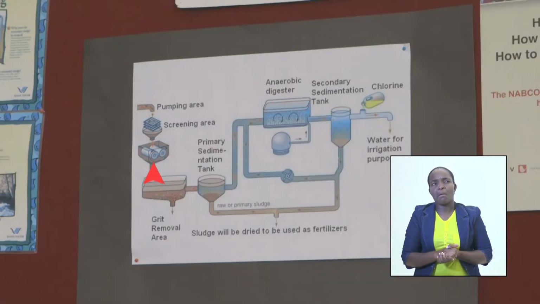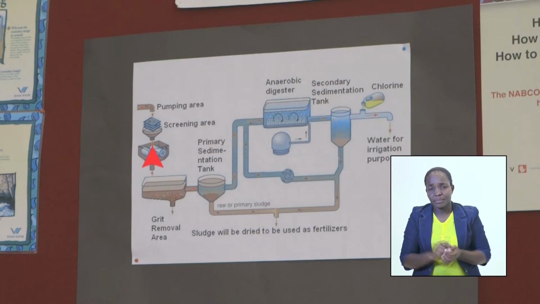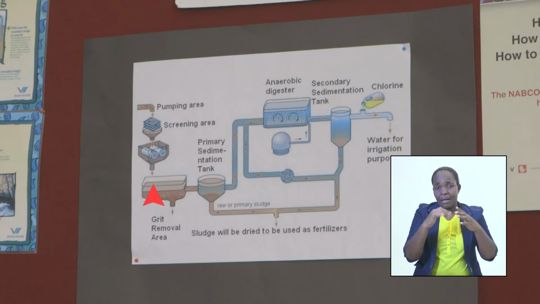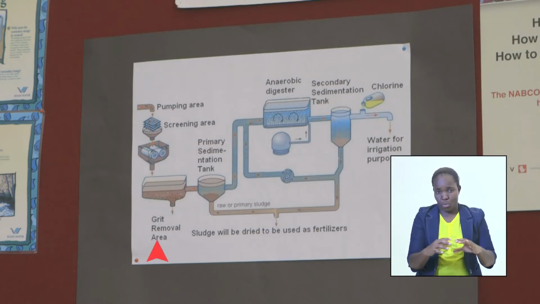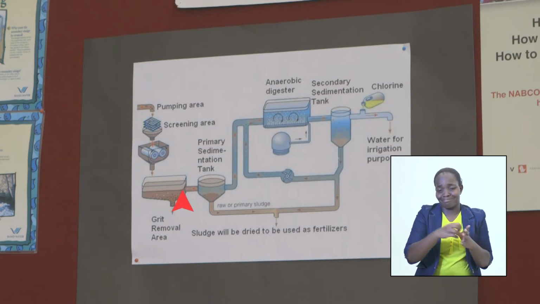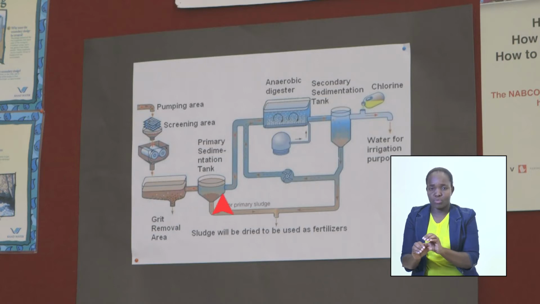One wonders what all those solid objects are. Is that like sand and stones in the sewage? Yes, that's right, Melissa. The screened sewage water is then moved to the grit removal area, where grit is removed. The sewage water is then moved to the primary sedimentation tank.